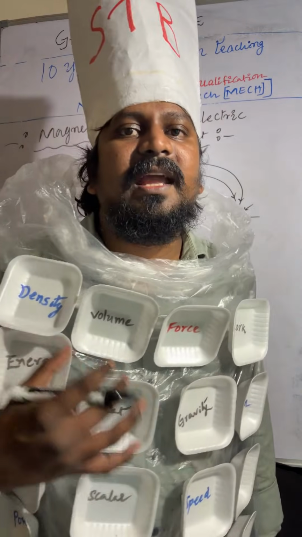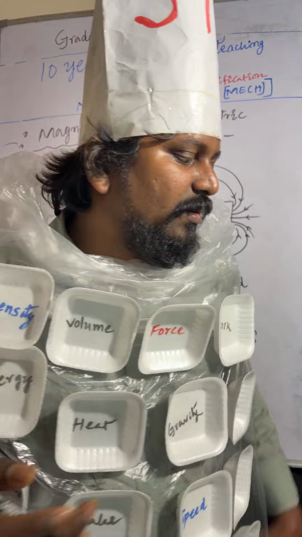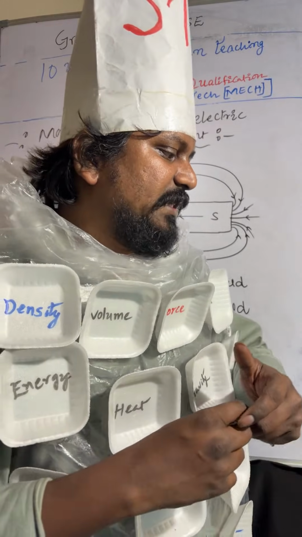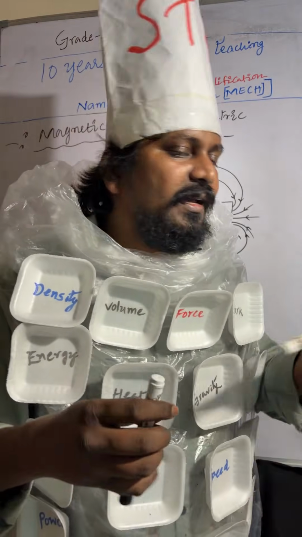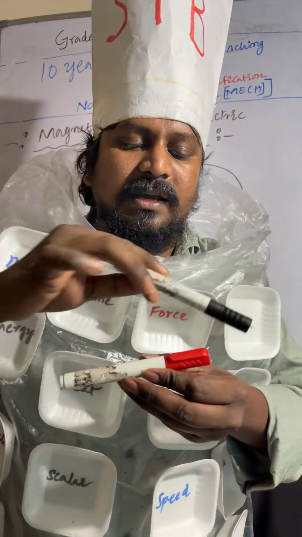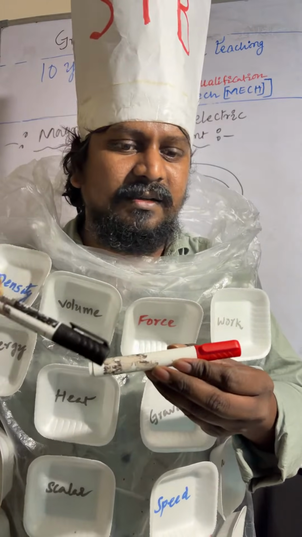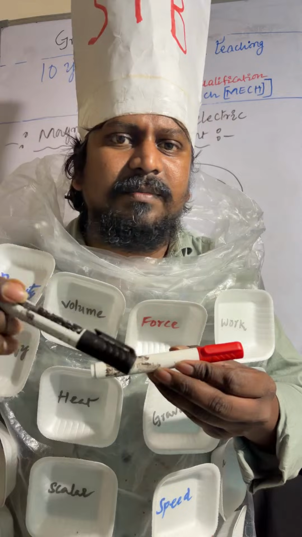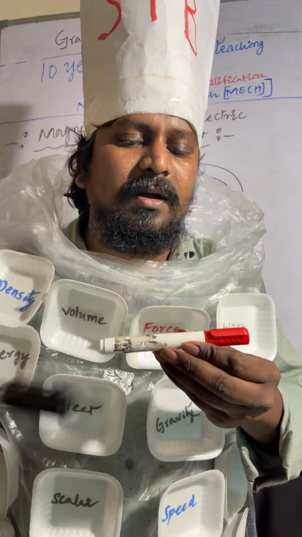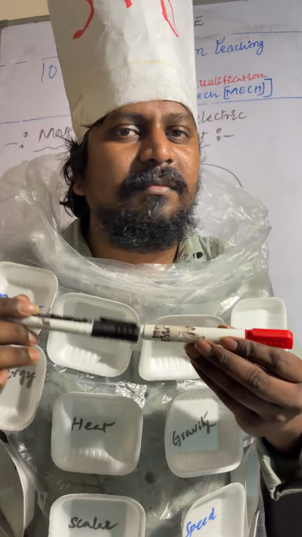Magnetic field: the region around the magnet in which magnetic force is exerted. If I'm taking this magnet, only up to a certain distance around it will it attract another magnet. If you go away from the field, this magnet will not impact the magnetic material.